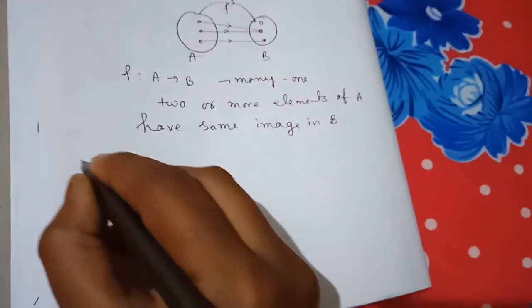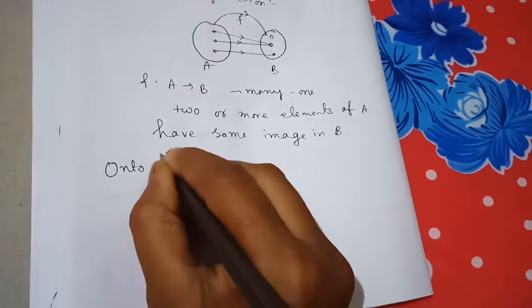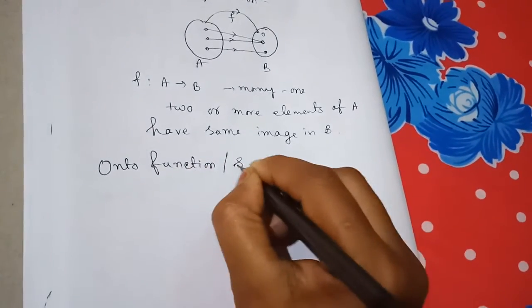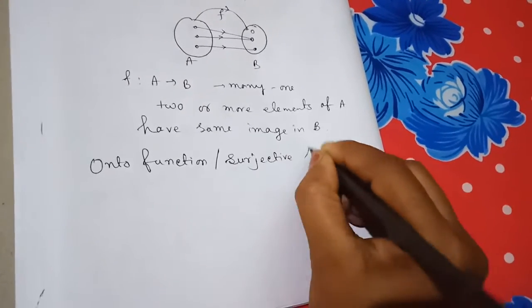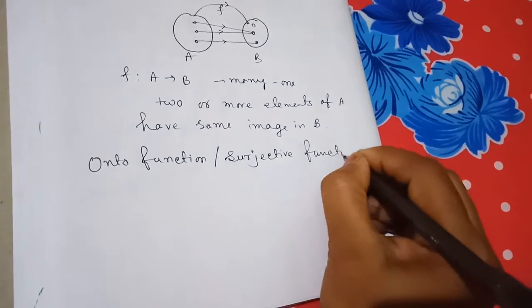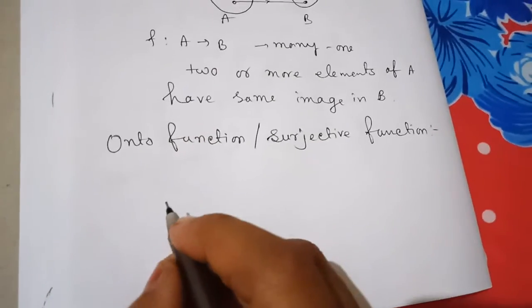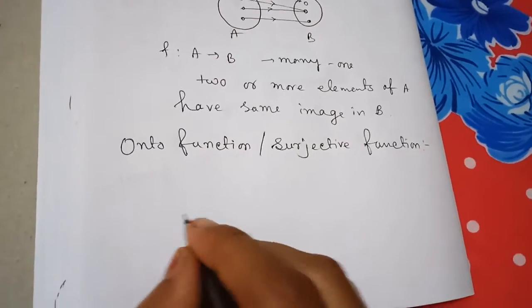Our next category is the onto function, or surjective function. Now, what does onto function mean?